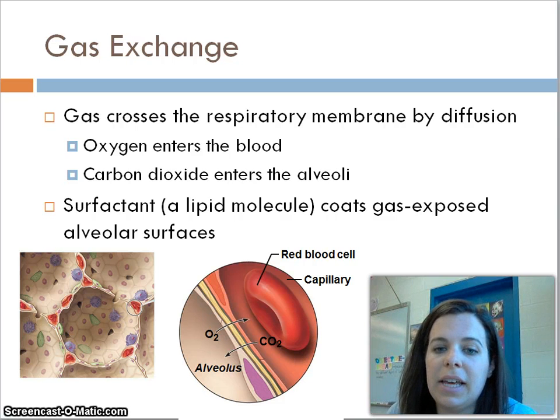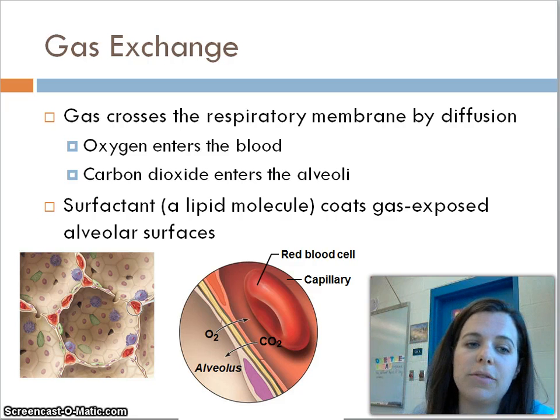Surfactant actually is not formed in the fetus until very late, and so usually if you are significantly premature as a baby, you need to get surfactant injections or surfactant added to your alveoli. And so one of the main reasons that premature babies have trouble breathing is because they have not produced surfactant.